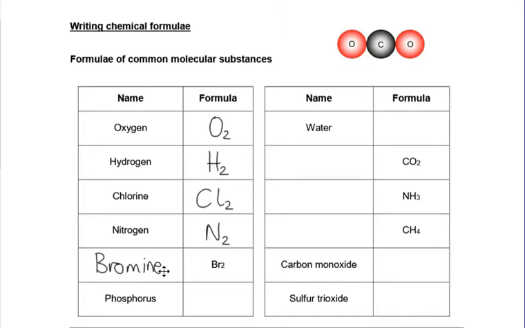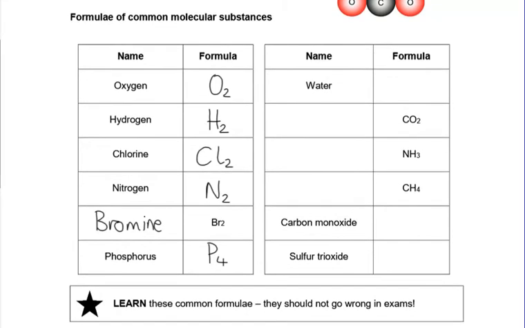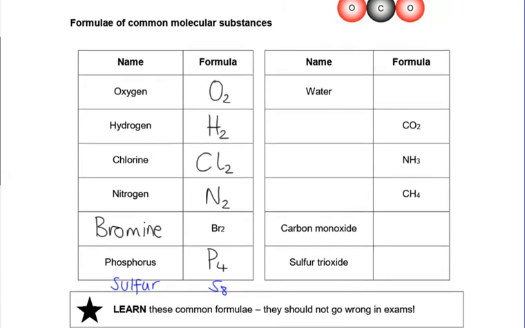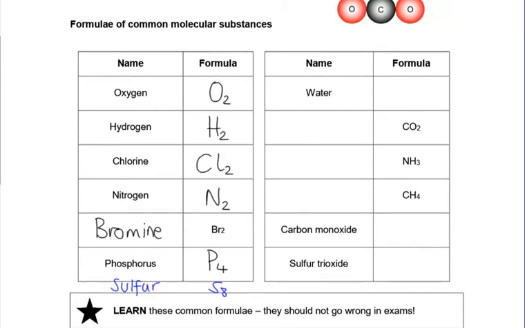And then, if you remember, we recalled when we were looking at our periodic table that phosphorus is another element that goes round, but this time in fours, P4, and there was one more. If you want to stick that on the bottom, you could add sulfur onto the bottom here as S8. And we had that one remaining diatomic element, fluorine, F2.